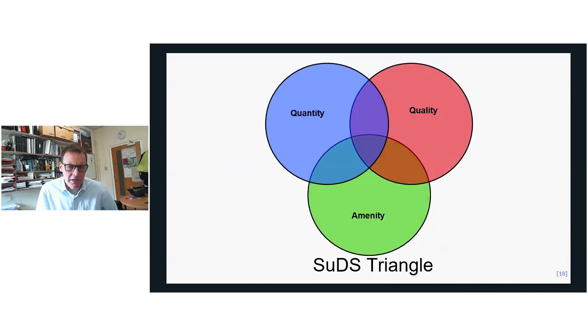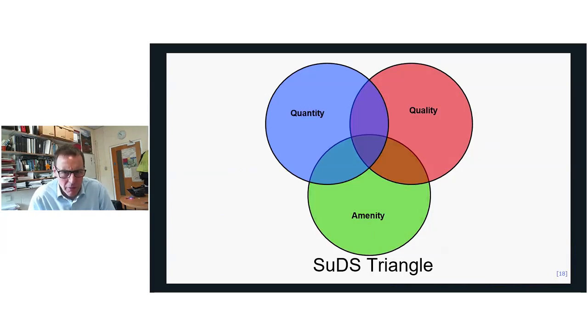So traditionally those 4 aims were encapsulated in what was called the SUDS triangle. And the development SUDS triangle is mentioned in the paper actually, I think. It's a Scottish thing. So the 3 elements of the triangle were quantity, quality and amenity.